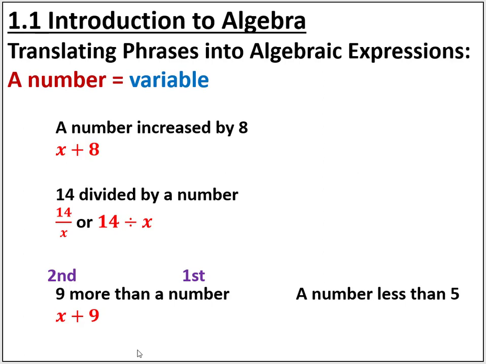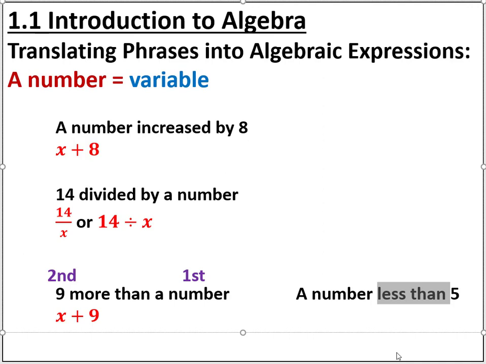Now, let's take a look at the next example. It says a number less than 5. For less than, we're going to follow the same order as the previous example where it says more than. So we're going to label what's in the front. In this case, it says a number. Since that's in front, that's going to be our second part.